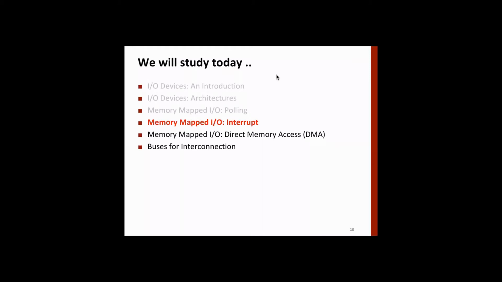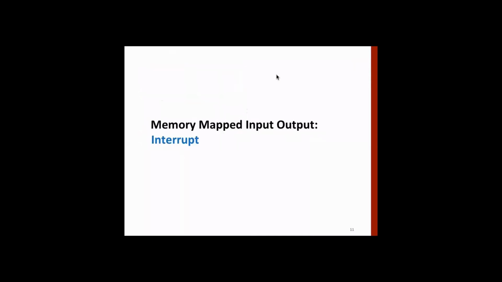Similarly, for devices, the CPU needs to check whether the status information is 0 or 1. It means that if it is 1, then the device is ready to transact. And if so, then the buffer will be used for reading or writing. So there's a method we have studied, and this is not a very desirable and good method.